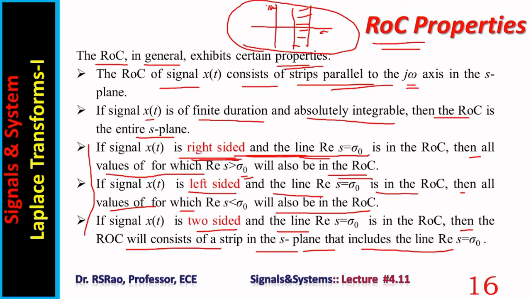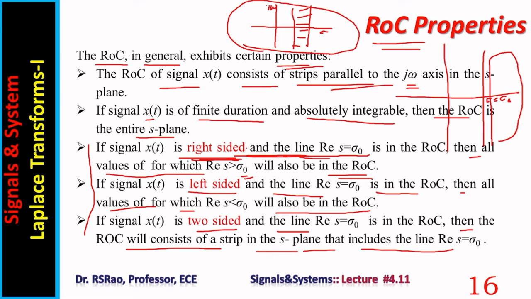First consider right-sided. There is a signal, it is right-sided, and a line denoting real s equal to sigma naught. That line will be like this: sigma equal to sigma naught. If this line is in the ROC, then all values for which real s is more than sigma naught will also be in the ROC. It means this entire region, which is to the right of sigma equal to sigma naught, is the ROC of the right-sided signal.